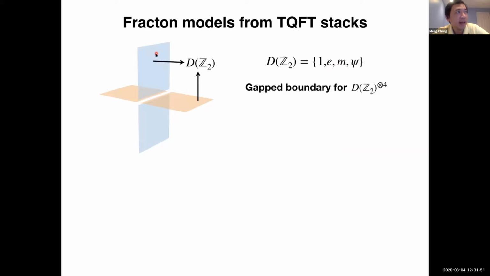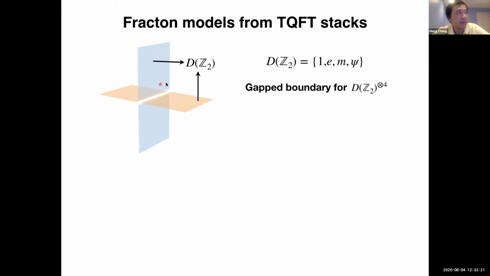Now, suppose you have two such Z2 toric codes intersecting each other, and we want to figure out what happens at the intersection line. To see what happens, let's cut these two layers into four pieces, and they are joined together at this line. So we first cut them and then glue them together, choosing an appropriate boundary condition.